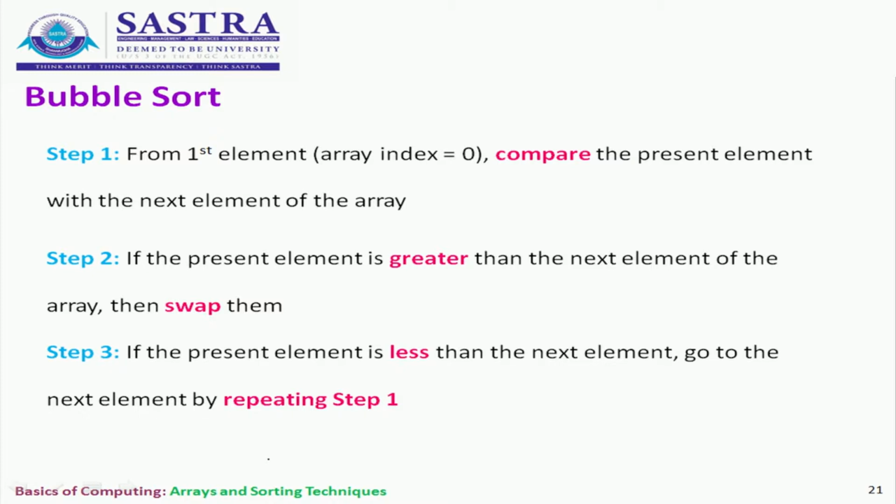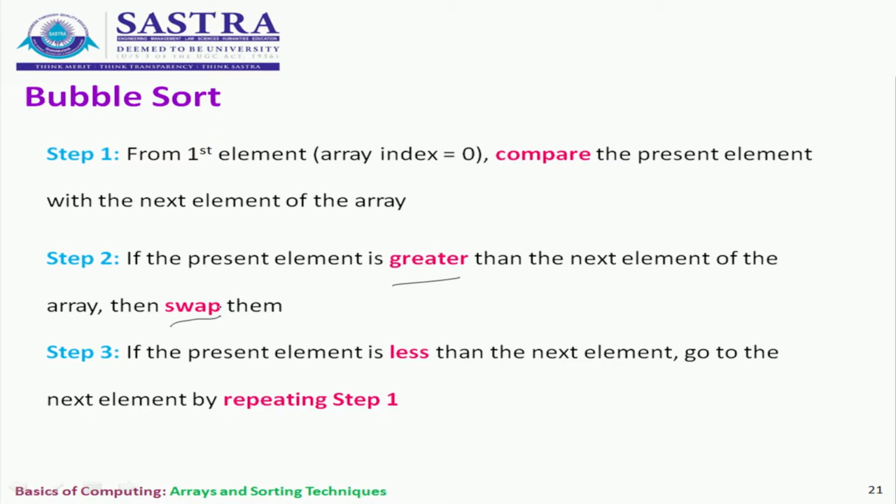This is not the complete algorithm, these are only the significant procedures in bubble sort. From the first element of the array, you compare the present element with the next element of the array. If the present element is greater than the next element, then we have to swap it.